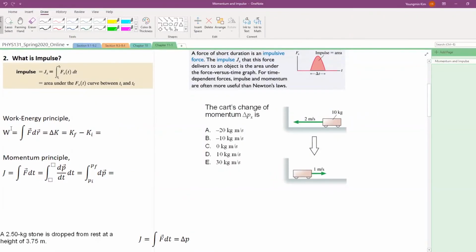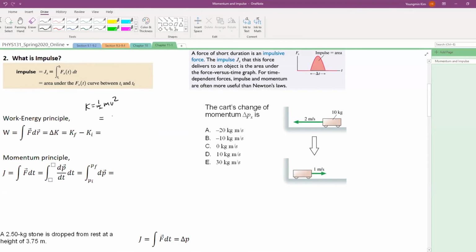Now, when you integrate a force with respect to position, in other words, with respect to space, that is defined as work, which is equivalent, as we learned, to a change in kinetic energy. Now we know that the definition of kinetic energy is 1/2 mv squared.